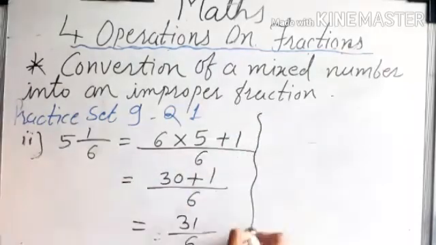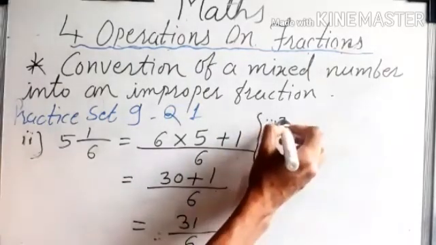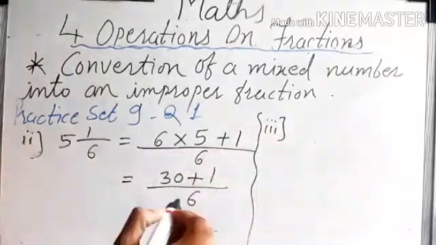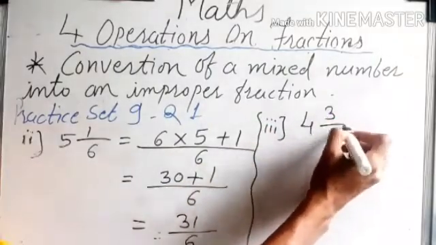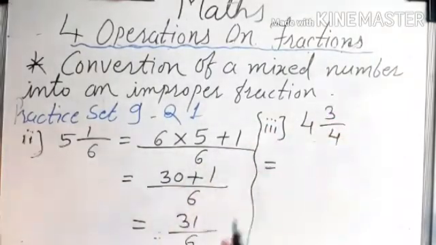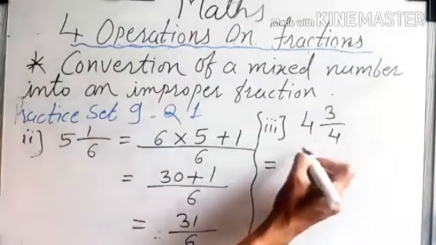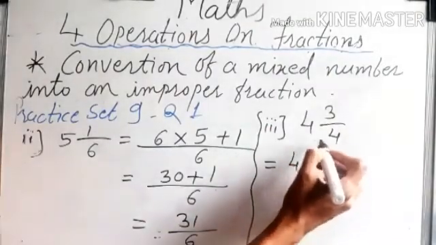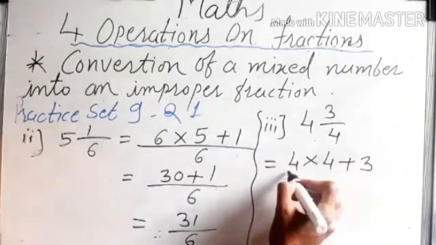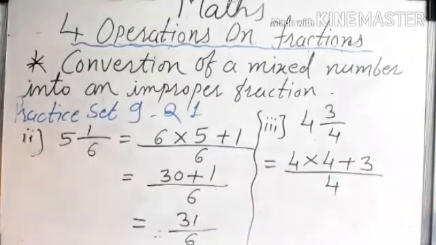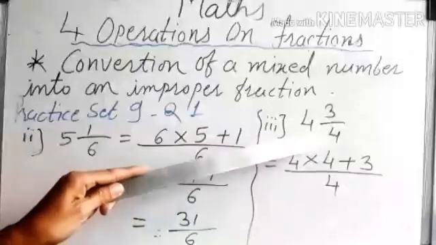Next is the third example. Suppose 4 and 3 upon 4. What is the next step? Denominator multiplied by integral number plus numerator upon denominator as it is. See again, here 2 fours are there.